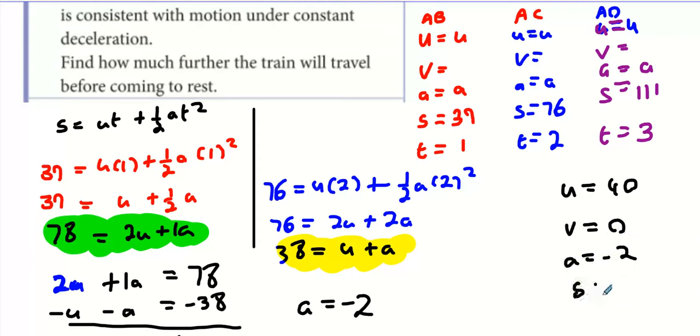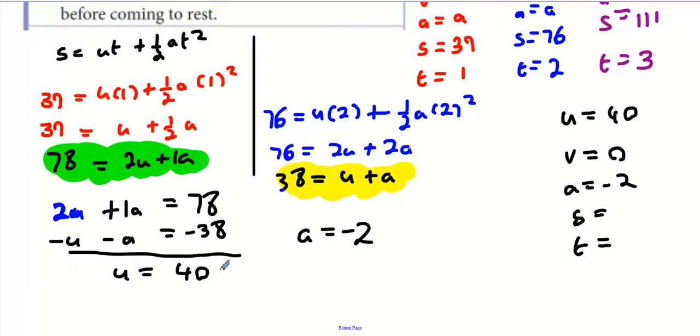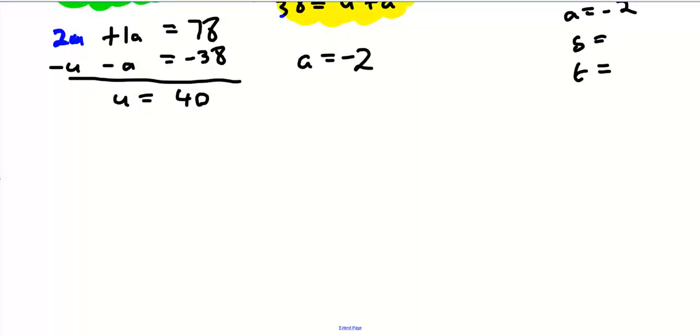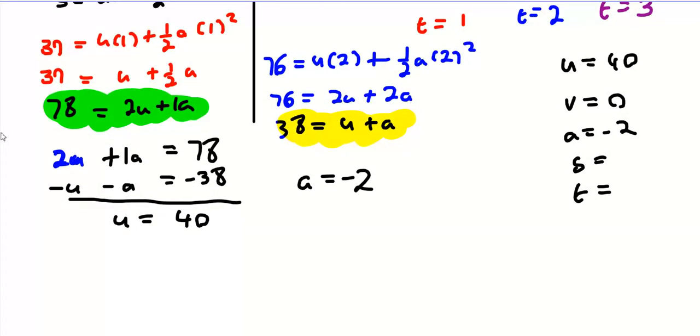Do we know the S value? Do we know the T value? No. Which one are we looking for, S or T? S. Let's find S. What equation are you going to choose? Yeah, v squared equals u squared plus 2as.